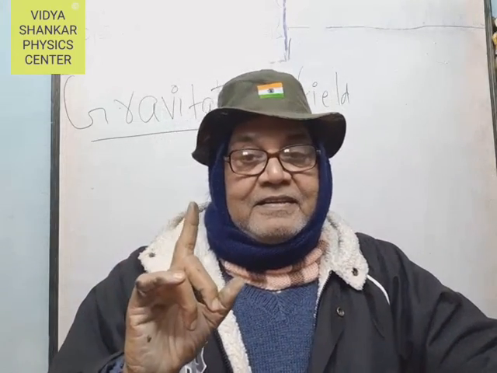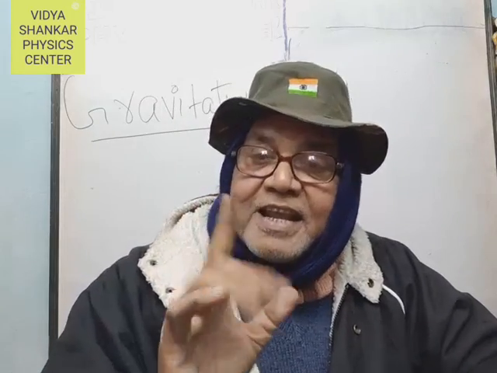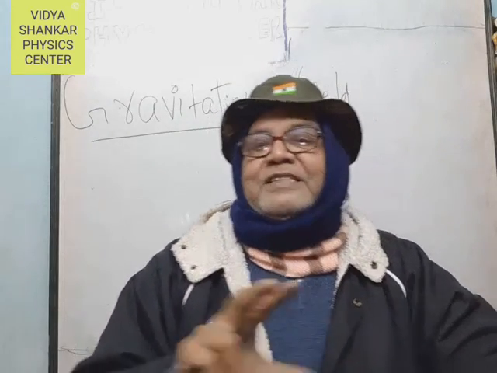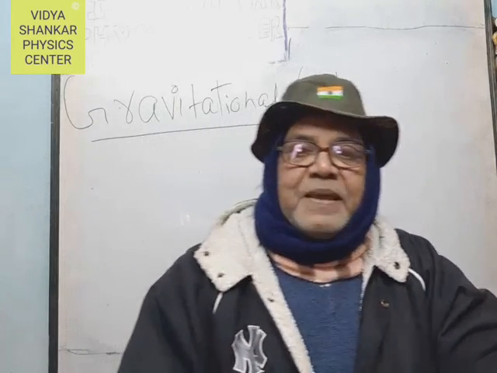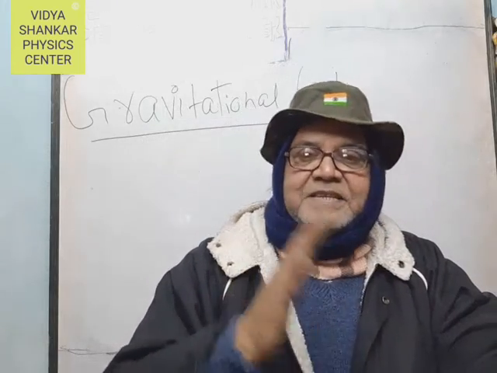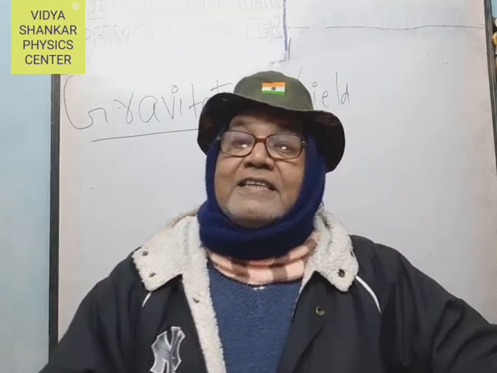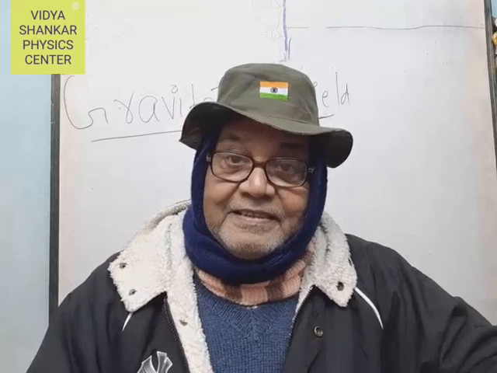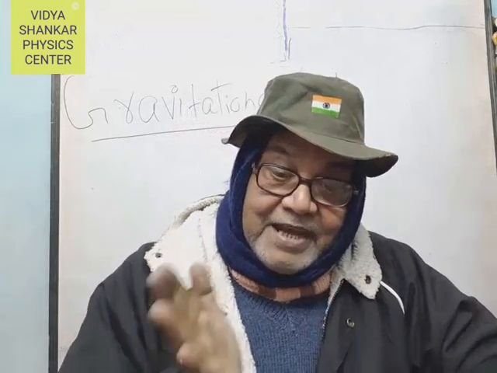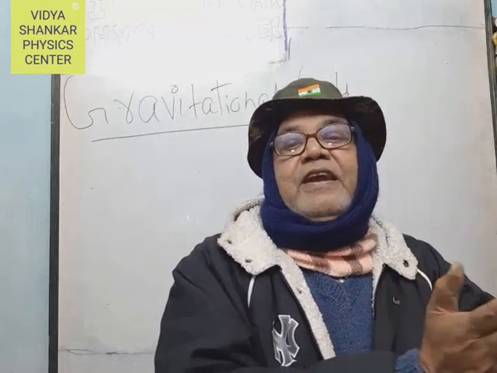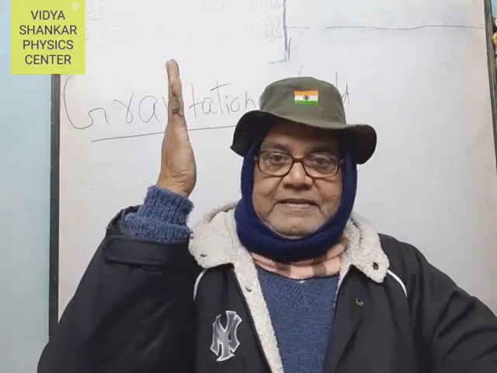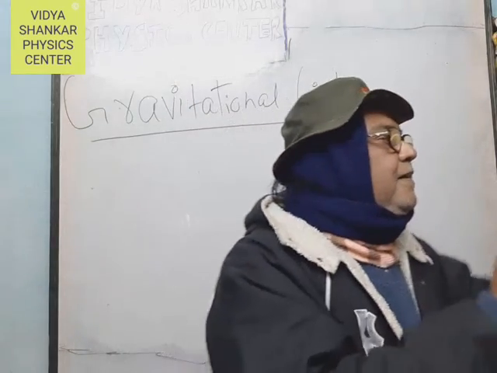But they have a certain limit. Gravitational field has a certain limit, magnetic field has a certain limit, electric field has a certain limit. But the fact is that as mass increases, gravitational field increases. Now it is clear from here.